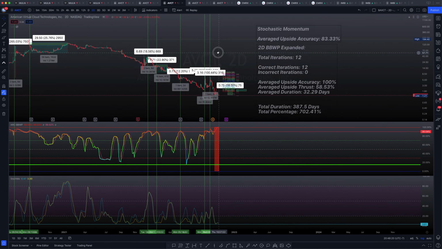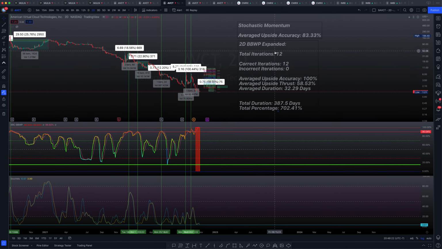So let's look at the metrics here. We're looking at a total of 12 iterations over the span of the entirety of the public trading for AVCT stock. Out of those iterations, 12 are correct. We have 0 incorrect. So that gives us an upside accuracy of 100%.